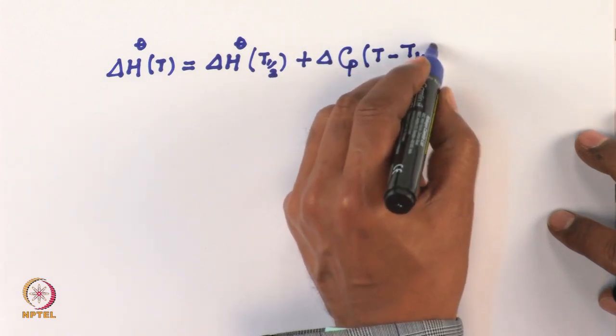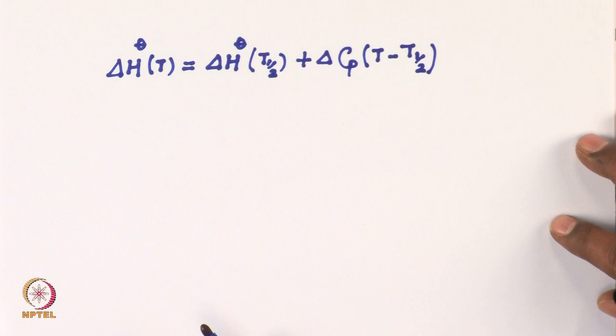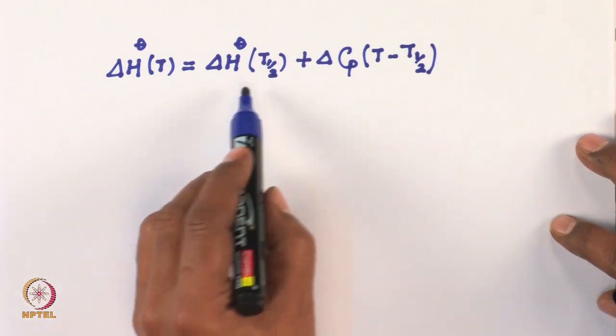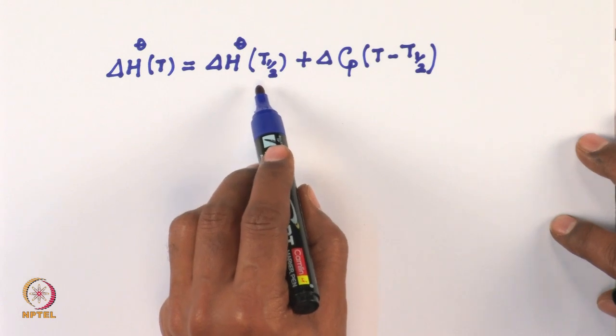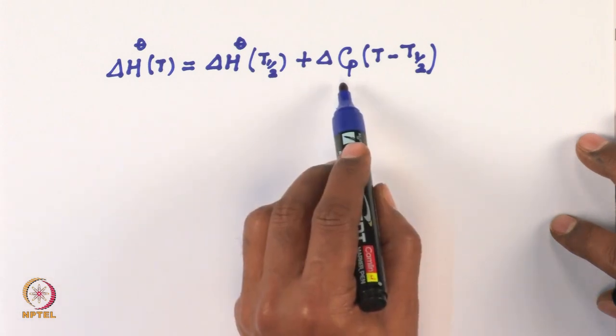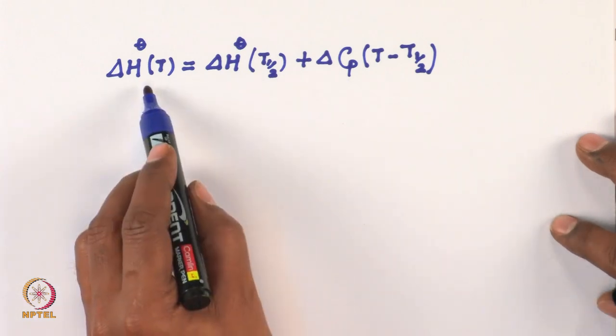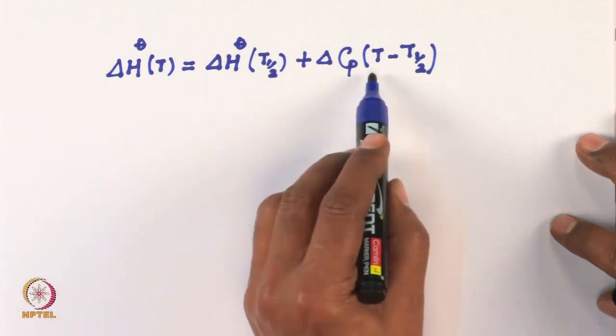This is Kirchhoff's law. That is, if I know the enthalpy of unfolding at the transition temperature, if T half I am calling the transition temperature, and since I know delta Cp, I can calculate delta H at any other temperature.